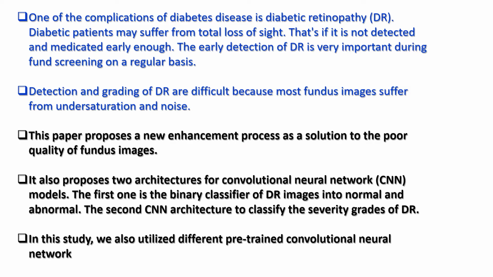This paper proposes an enhancement process, as we explained in the previous paper, and proposes two architectures, one for classification into normal and abnormal, and the other for classifying the grades of the DR. And also we're going to use the pre-trained models to test whether they are suitable for our application or not.